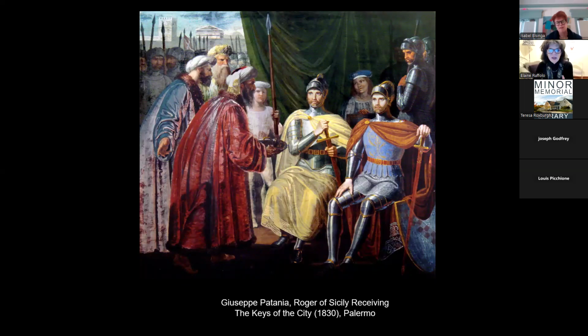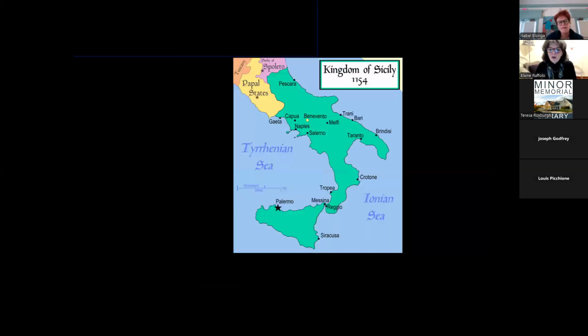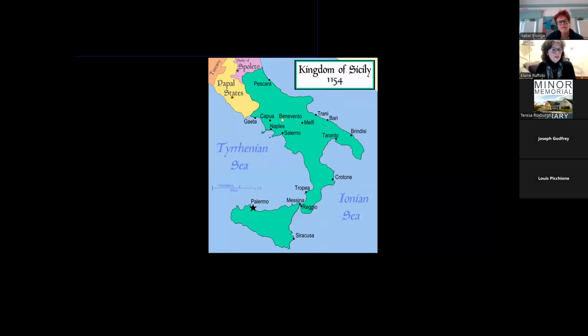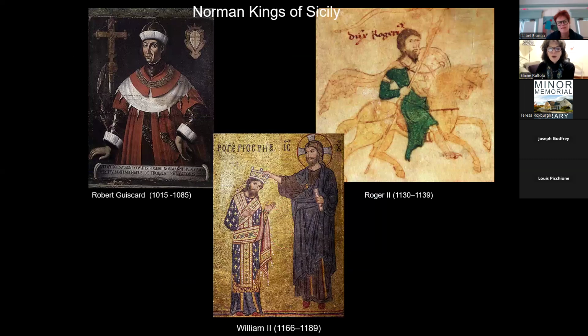Here's a nice graphic. Italy in 1000 with the Emirate of Sicily and the Kingdom of Italy by the time the Normans have taken over. Here are the Norman kings. Robert Guiscard, which means Robert the Wise, Robert II, Roger II, and William II.